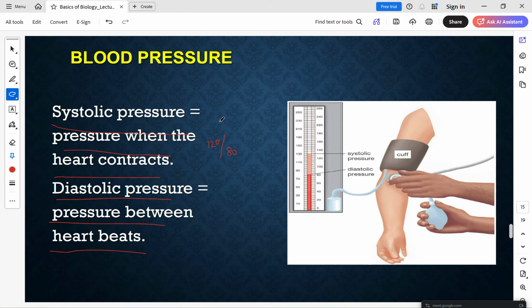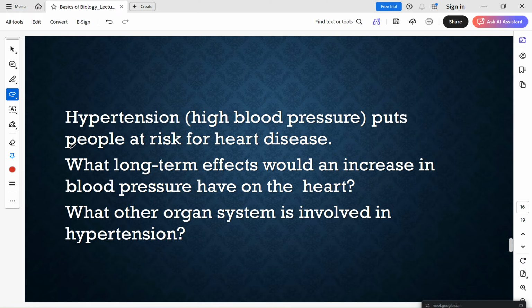If the values of either of these go up and consistently stay up, it's called hypertension. Whereas if the values consistently stay down, then it's known as hypotension. High blood pressure puts people at risk for heart disease.